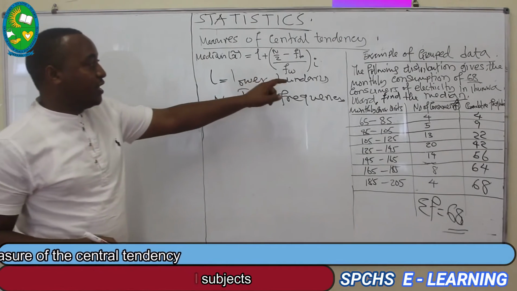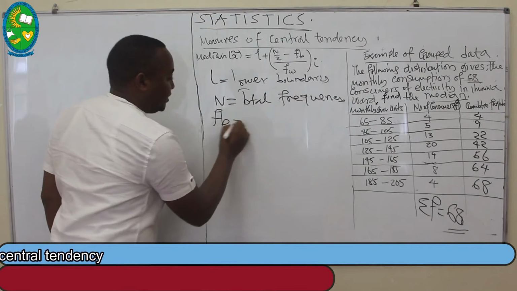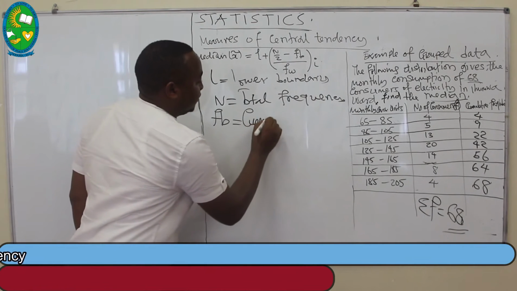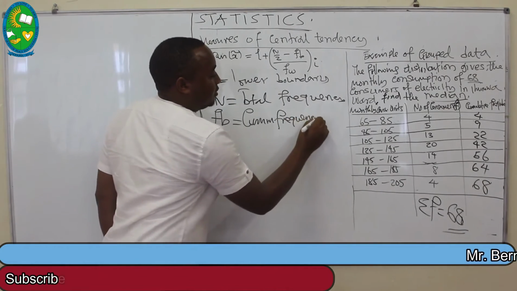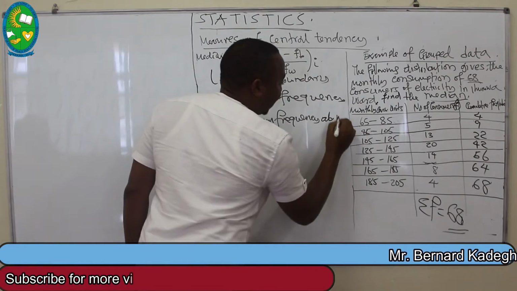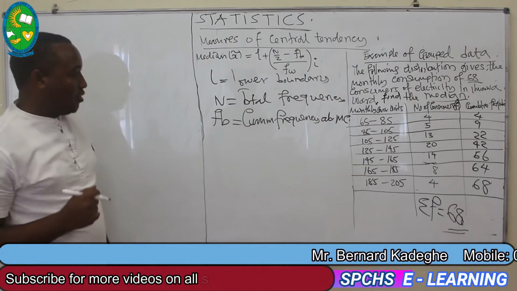We have this FB, the cumulative frequency above the median class.